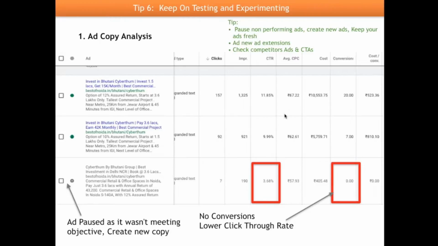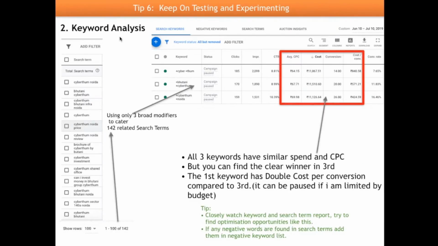Now the next thing is keyword analysis. So I prefer going through broad match modifiers. I was running my ad on 3 keywords: cyber plus tham, Bhutani plus cyber tham, and cyber tham Noida. Now all of these keywords, if you see, the spend was almost similar: 11,800, 11,510, 11,126.